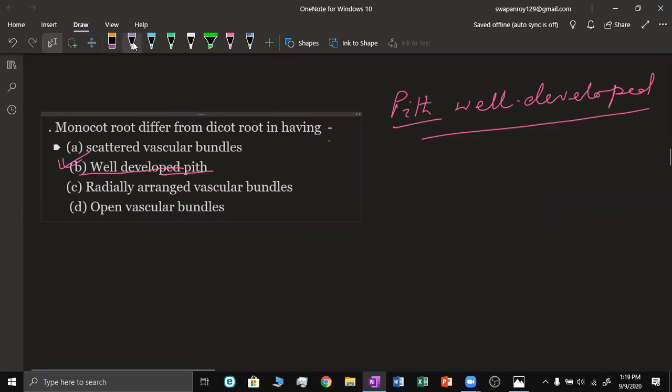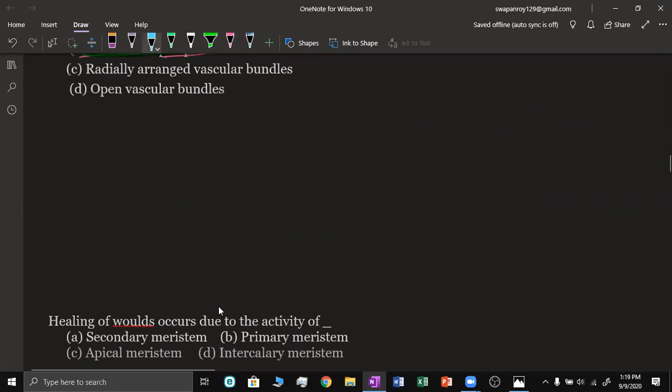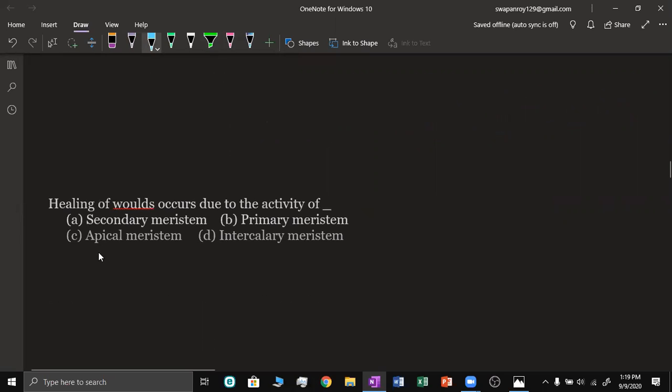So here our answer is that well-developed pith is there. Well-developed pith is the answer. Next question. Healing of wounds, there is a little spelling mistake.